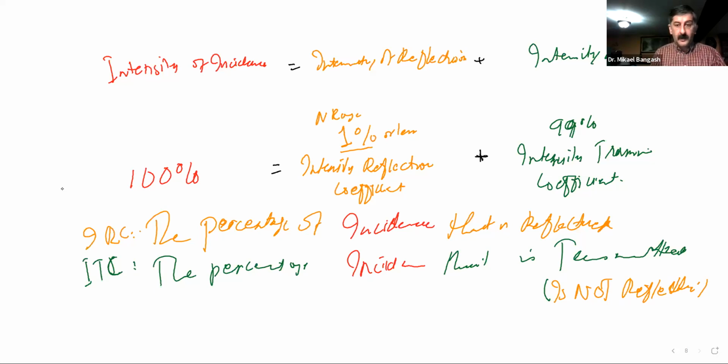Where we, on the other hand, can say 99% or more is going to be your intensity transmission coefficient. Of course, it can't exceed more than 100%. But if the reflection was 1%, then your intensity transmission coefficient is going to be 99% of your incidence.